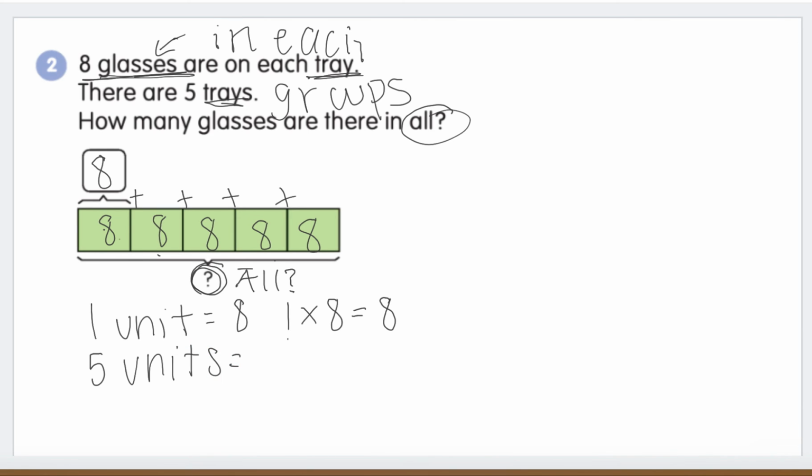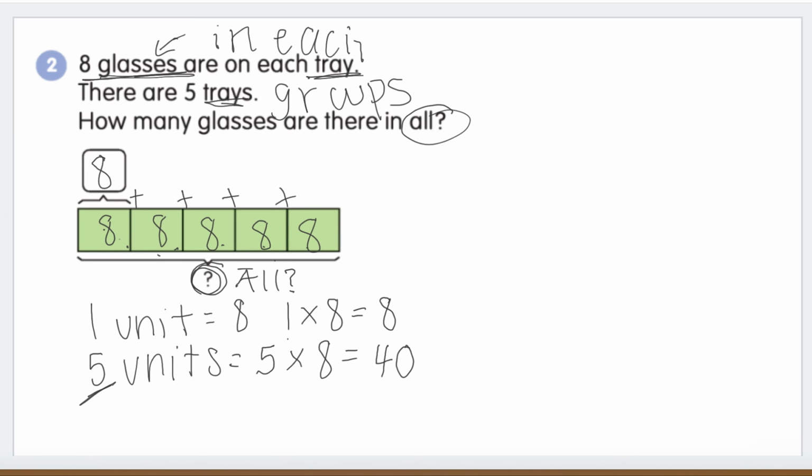For this problem, there's 5 units. So 5 trays or 5 units times 8 in each. I could use my repeated addition, or I could use my skip counting, or 8 times 5 or 5 times 8 might just be a fact that you know, and that's equal to 40.